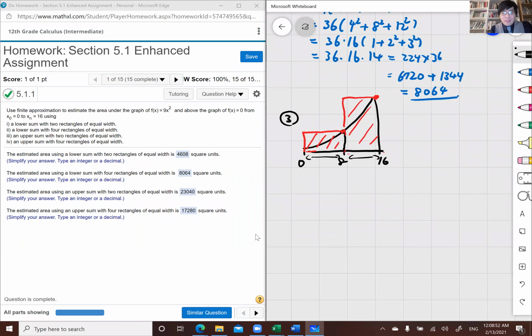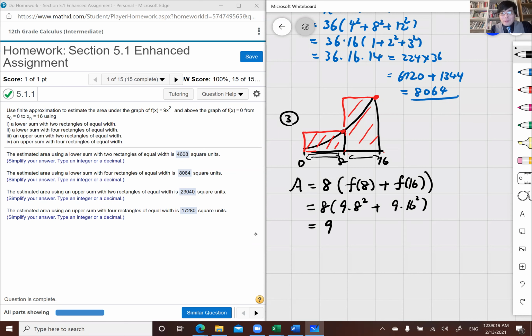Now let's find the area again. The area is going to be 8, that's the width, times the heights: the first rectangle has a height of f of 8, and the second rectangle has a height of f of 16. So it's going to be 9 times 8 squared plus 9 times 16 squared.